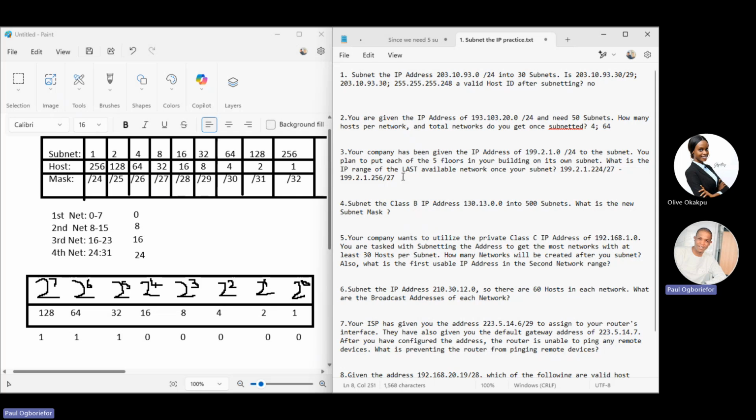So the fifth floor will now be 160 to 191. You know why we are picking now 191?